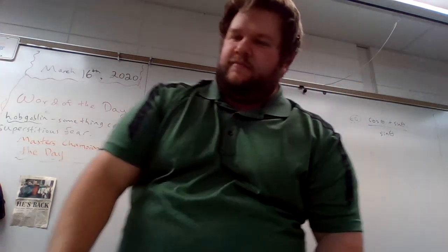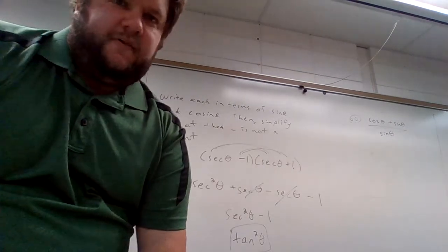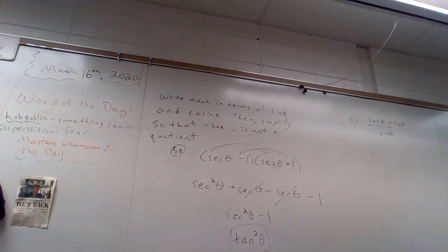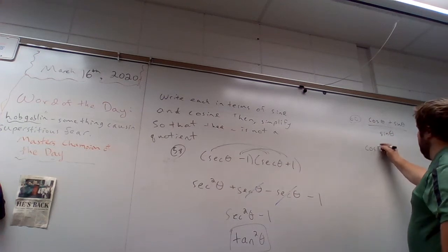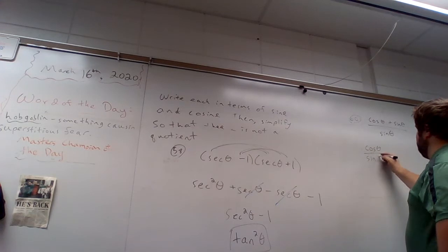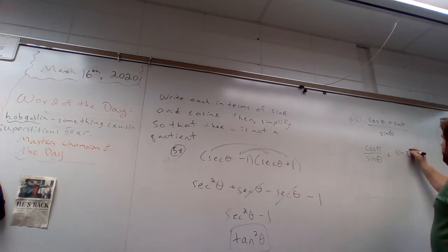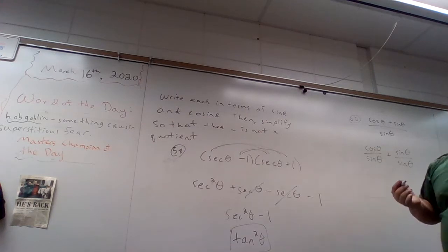Cosine plus sine divided by sine. You may note with this one, it's already in terms of sine and cosine. So what I would do here is rewrite this. If I have cosine plus sine over sine, that's really cosine divided by sine plus sine divided by sine. So I'm just dividing each term by the sine.